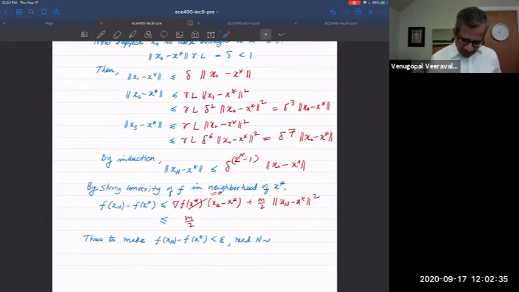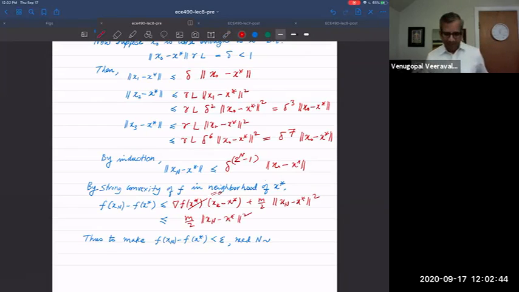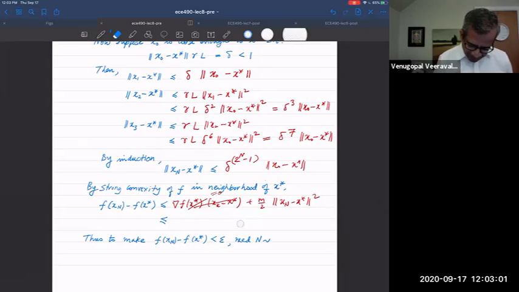So you get that this is less than m over 2 times xn minus x star squared. Okay, which is less than... Oh, actually, no. This term goes away. Sorry. Let me rewrite this.